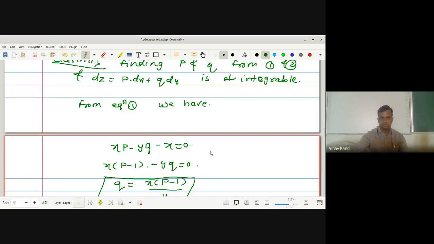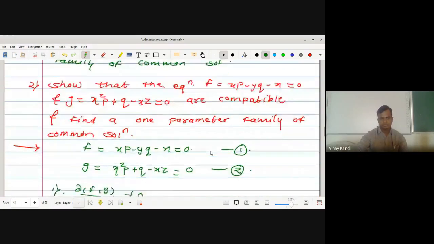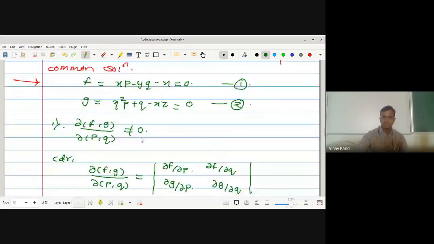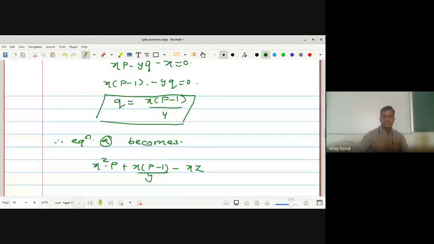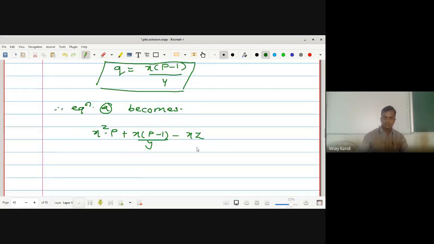Is it equation 2? Look at here. Putting the value of q here, minus xz, which is equal to 0. Okay, which implies x square yp plus x into p minus 1 minus xyz is equal to 0.